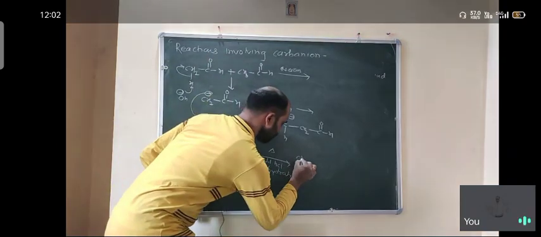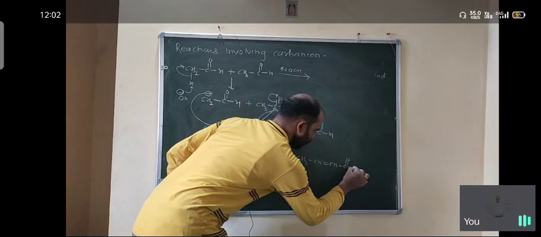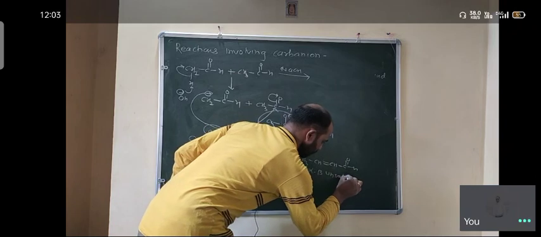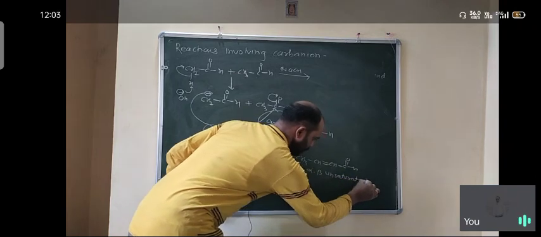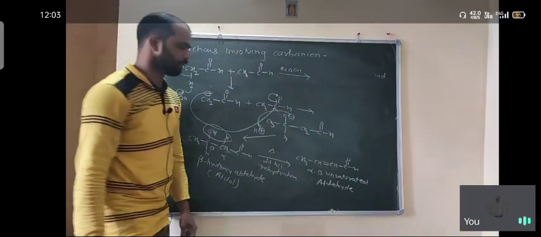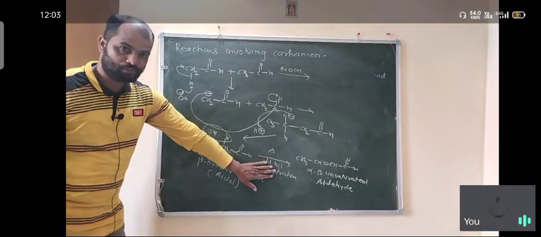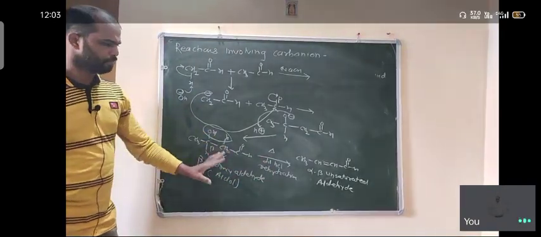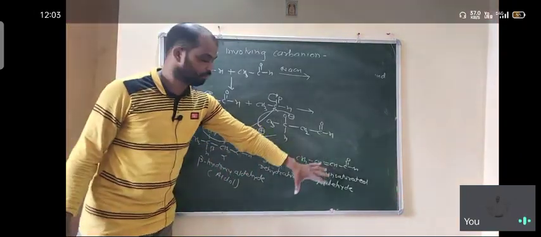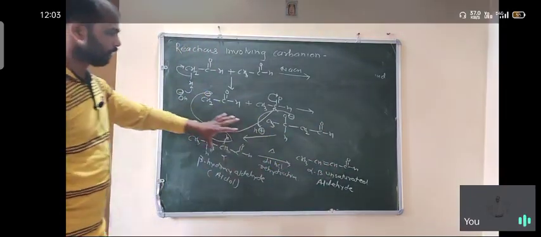So we get CH3 CH double bond CH C double bond O, H, an alpha beta unsaturated aldehyde. If heating is not given, you just stop the reaction at the aldol, but basically the heating condition is there, so the reaction always converts into an alpha beta unsaturated aldehyde or ketone. So this is the reaction.